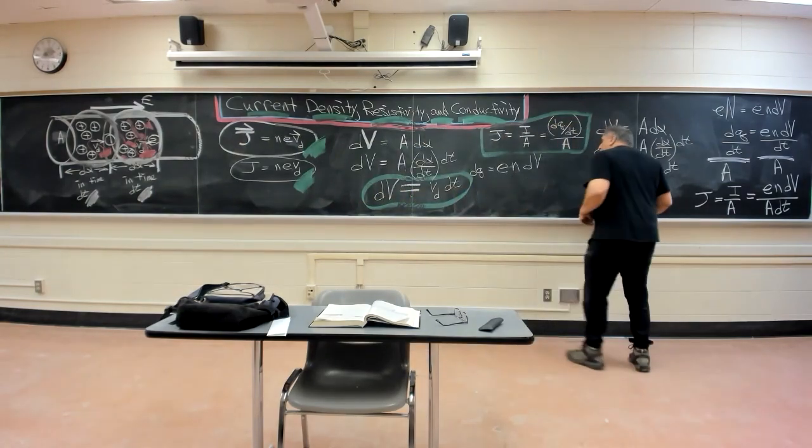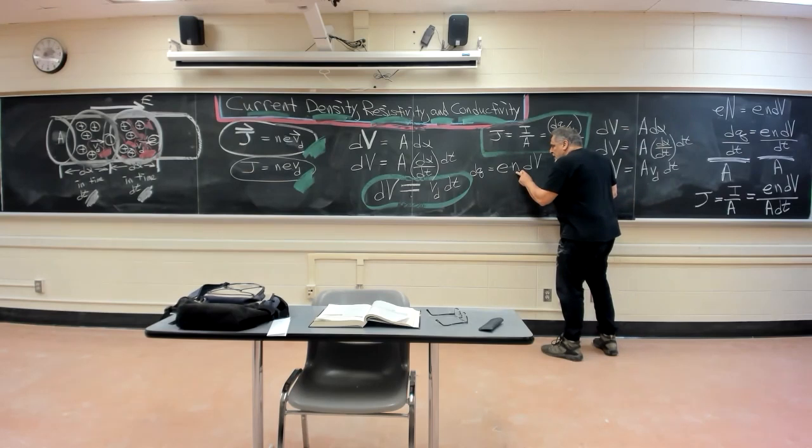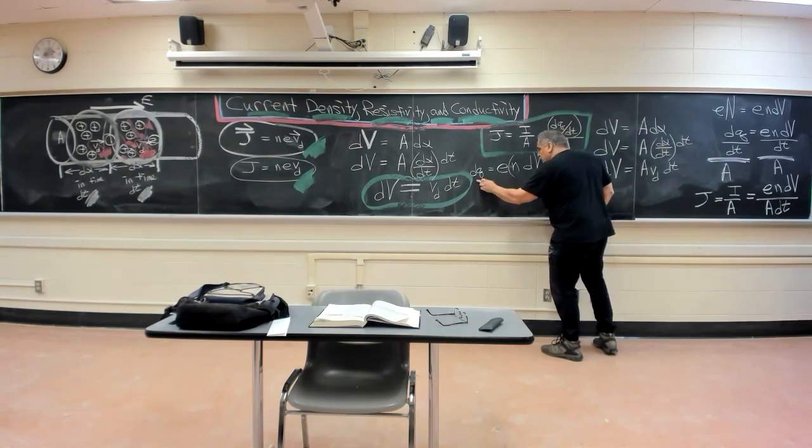Okay. Well, yeah, I think it makes sense. If I can take the number of charges per unit volume and multiply it by a particular volume, then this right here gives me the number of charges. The number of charges times the charge on each charge gives me the total amount of charge. That's dq.